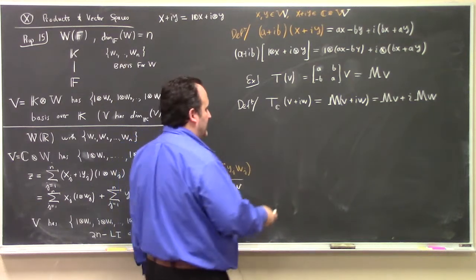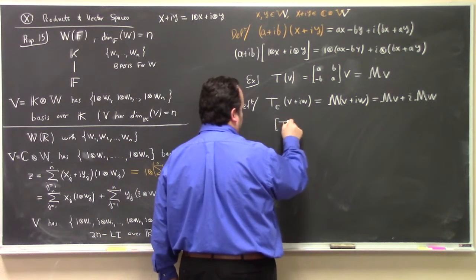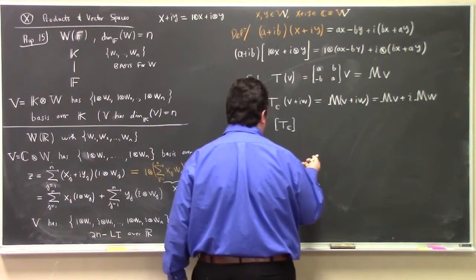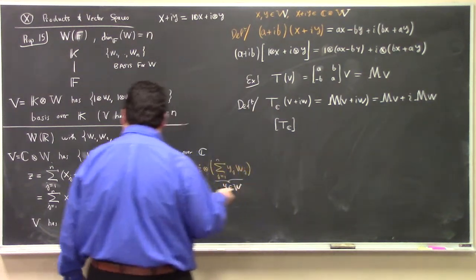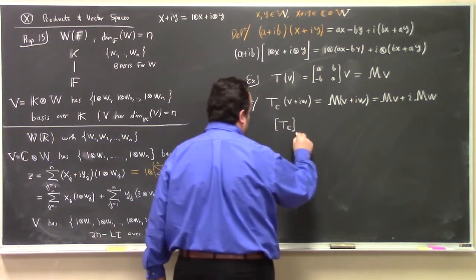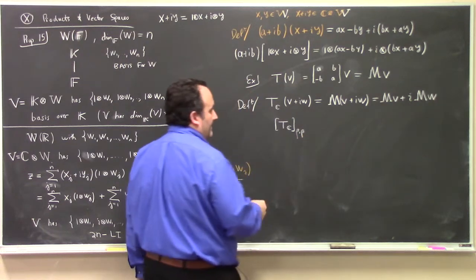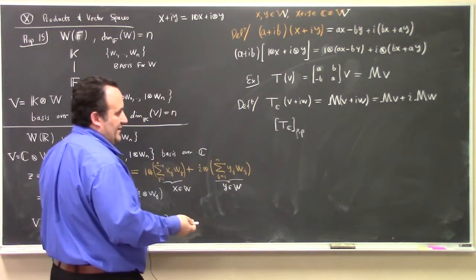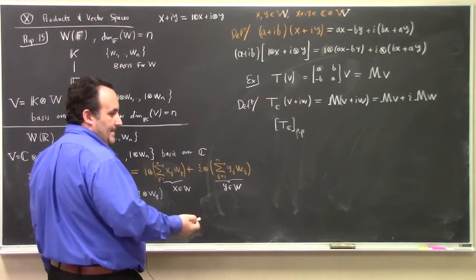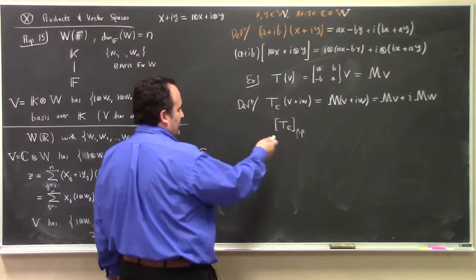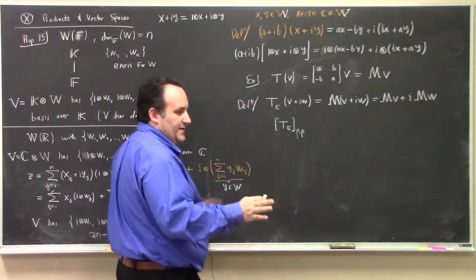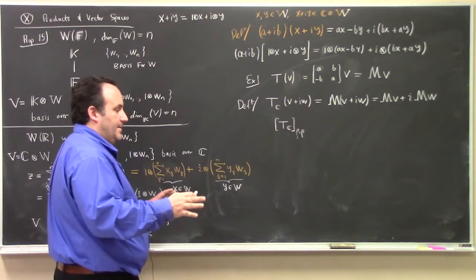My question is, what's the matrix of T sub c with respect to a basis beta, let's say? And what would be an interesting basis to take? There are different things you can do here.